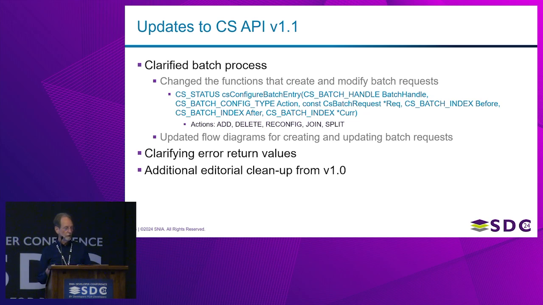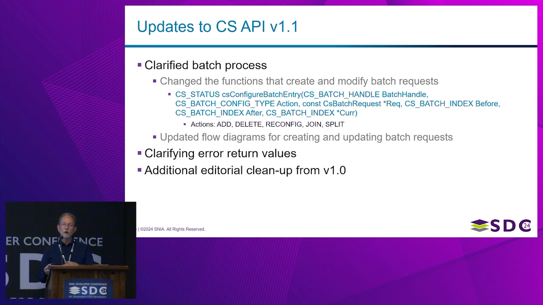The other thing that we've been doing, which has taken a fair amount of time, is clarifying the error return values. The biggest thing about this is we had some fairly general statements of you return success, otherwise you return one of this list of errors. But there was nothing that said when you returned a specific error. We've been clarifying the spec to say what conditions cause each of these errors.